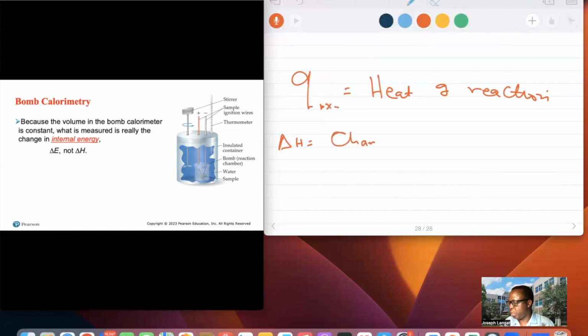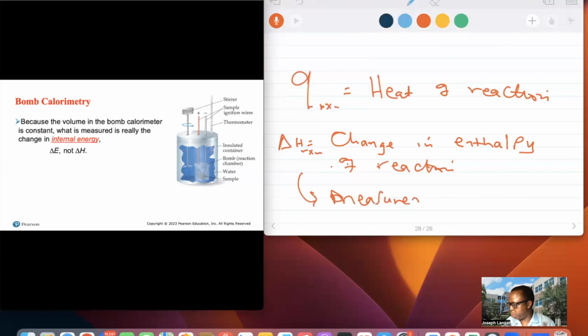You read this as change in enthalpy of reaction, change in enthalpy of reaction, and this is only measured in the coffee cup calorimeter.